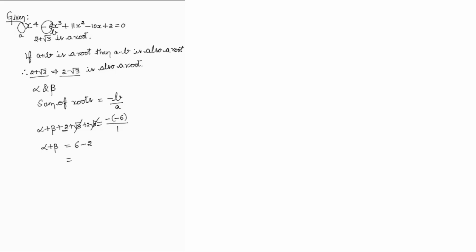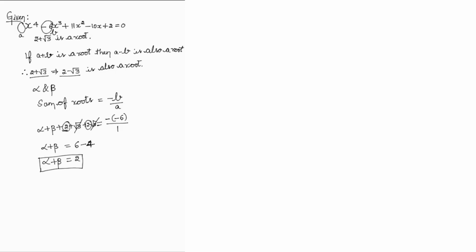This is equal to, this 2 and this 2 we will add, which will become 4, and which will go to right hand side as 4. 6 minus 4 is 2. So now we got alpha plus beta is equal to 2. So let's keep it aside and try to solve this problem further.